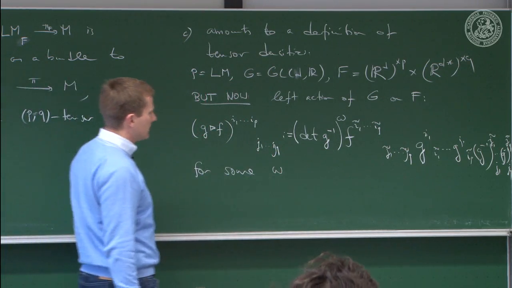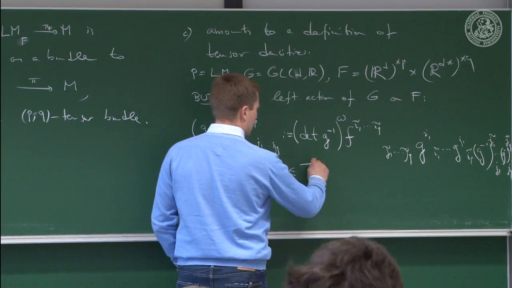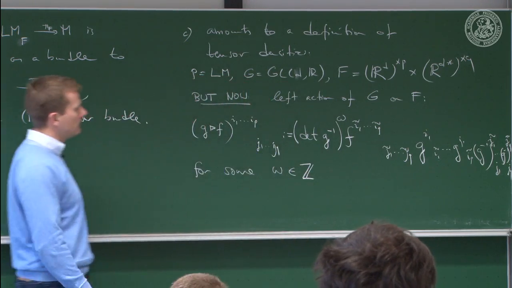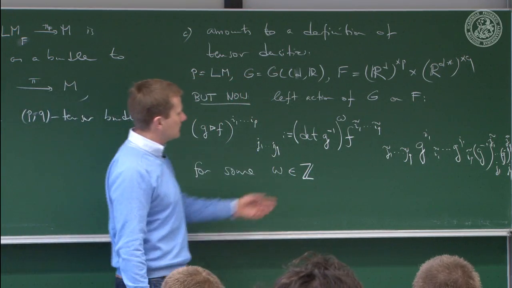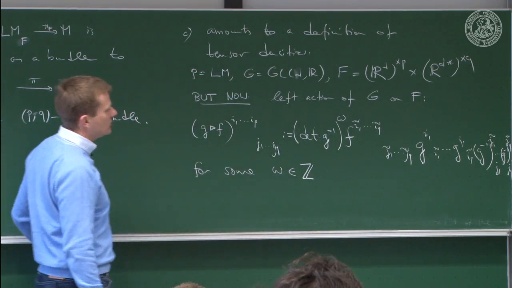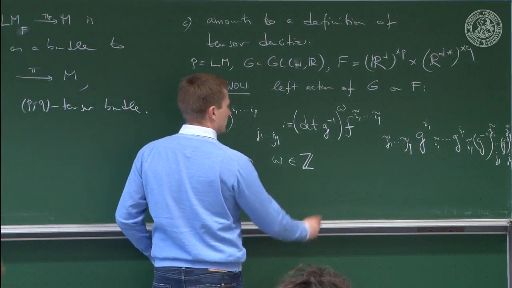Traditionally one would probably choose this to be an integer in Z, but some people now also consider arbitrary numbers, at least in Q or in R, but let's stick to this, for some omega in Z.